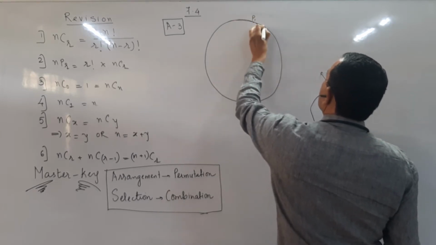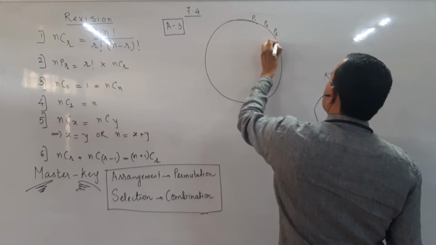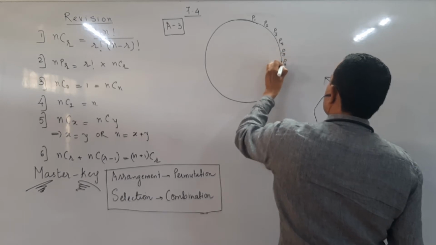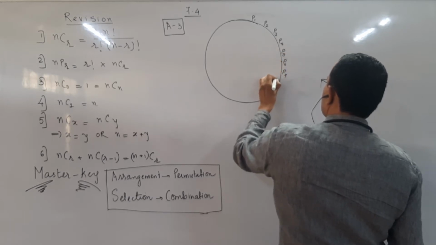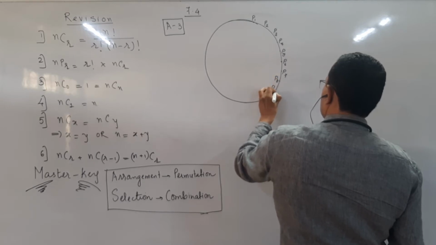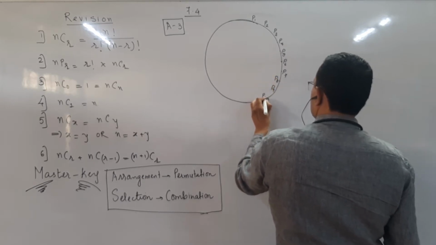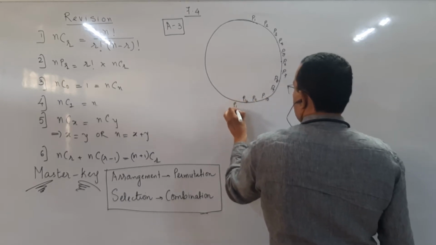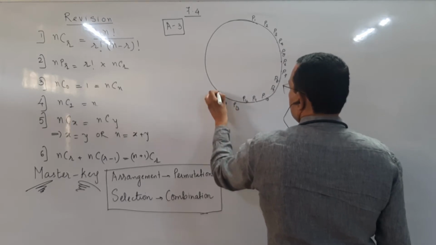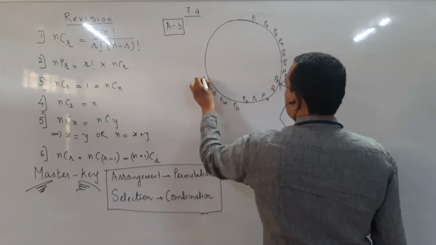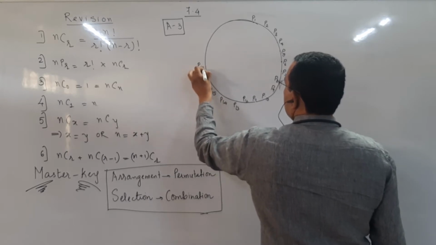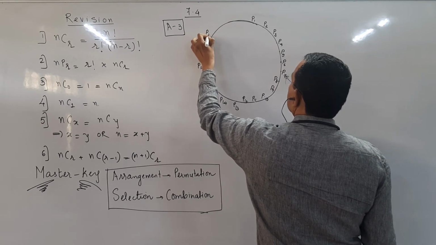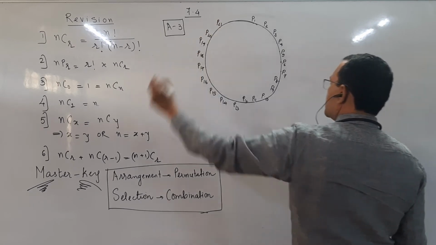Say this is P1, P2, P3, P4, P5, P6, P7, P8, P9, P10, P11, P12, P13, P14, P15, P16, P17, P18, P19, P20, and say this is P21.